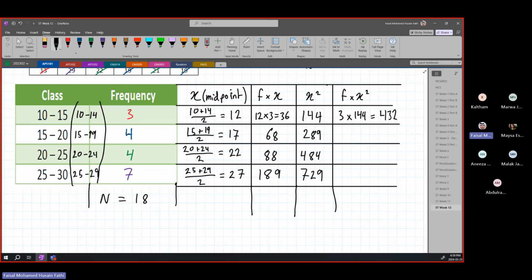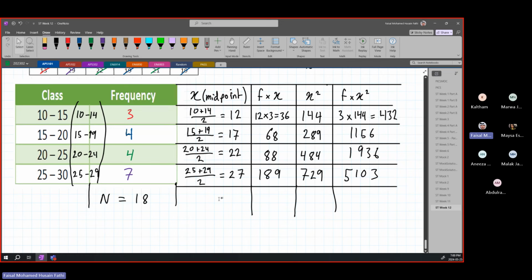The next one is 289 times 4, which is 1156. Then 4 times 484, which is 1936. Then 7 times 729. Again, this is exactly what I did earlier with the previous example. The only difference here is our x value is going to be our midpoint. That's it. And we just need to add that as an additional step.